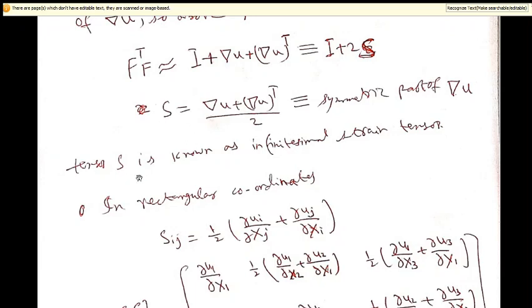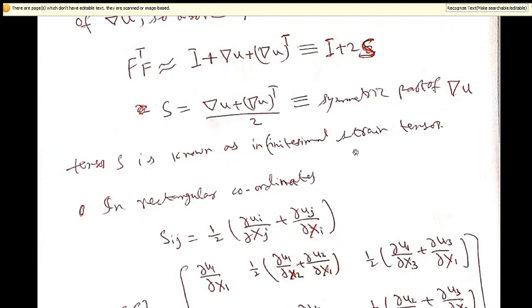This is the infinitesimal strain tensor, and it is a symmetric tensor, coming from the gradient of displacement, which is a tensor. Basically this is the symmetric part of that tensor. This is the strain tensor. It means that the strain tensor is a symmetric tensor.